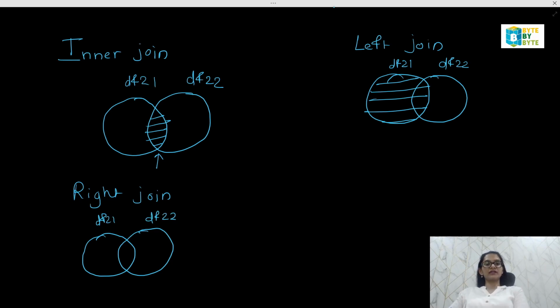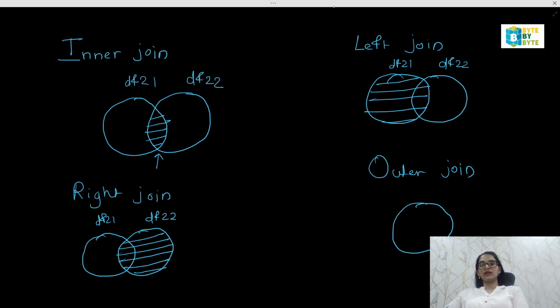So this is a right join. So right means all the elements from the right data set as well as common elements from right and left data sets will be considered. And whenever I say outer join, so outer join means all elements from left as well as right will be considered.